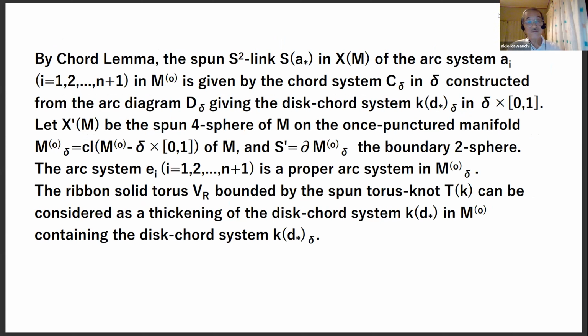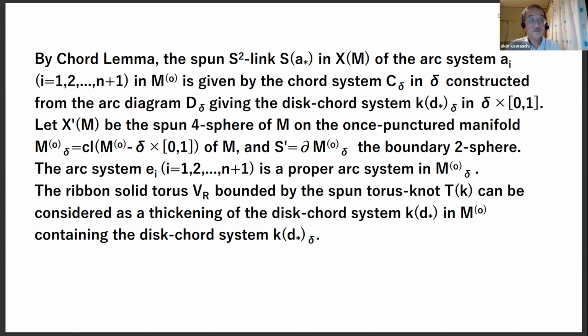The spun S2 link in XM of the arc system Ai in M0 is given by the code system C delta in delta constructed from the arc diagram, given this code system K D star delta in delta cross I.